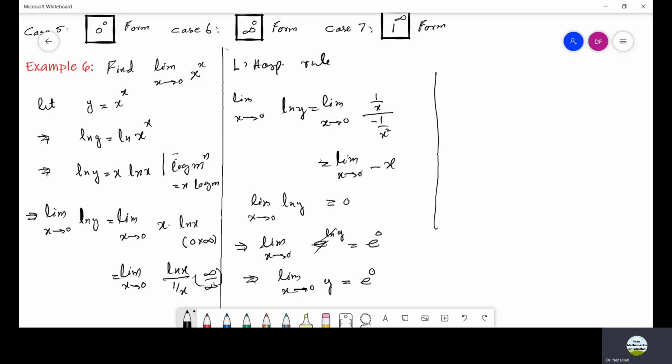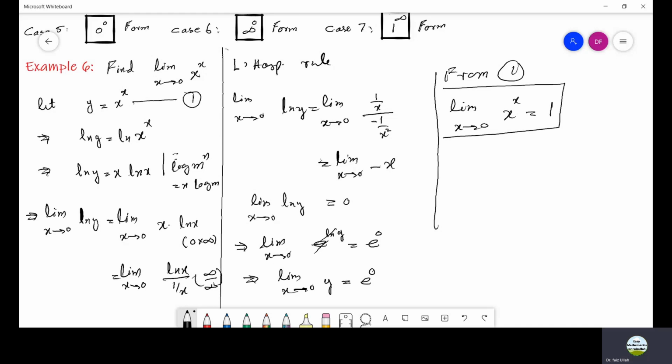And now we can see from 1, let us say this is 1, from 1 we can use the value of y. So we have limit x approaches to 0. The value of y is x power x. And e power 0 is 1. And that is the required solution.